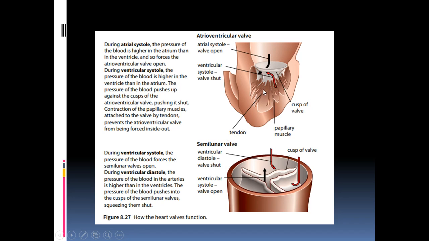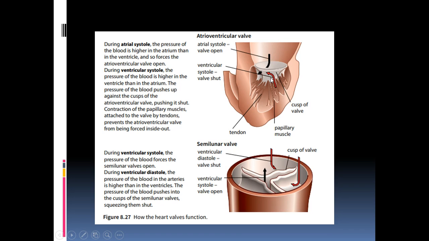These tendons are known as chordae tendineae, and their function is to hold the flaps in place. Because if you don't have these tendons, the high pressure produced by the ventricles might cause the flaps to be turned inside out. And we don't want that to happen.